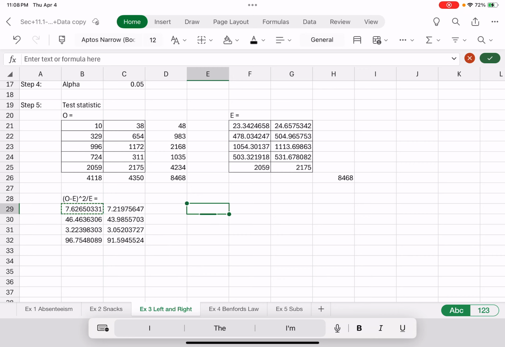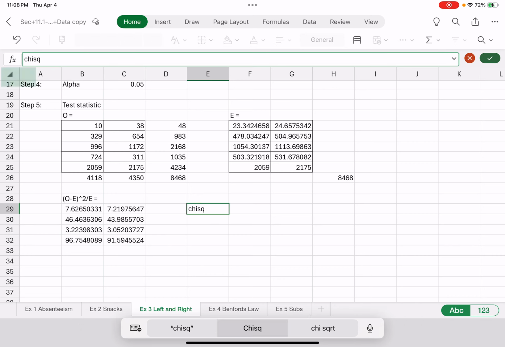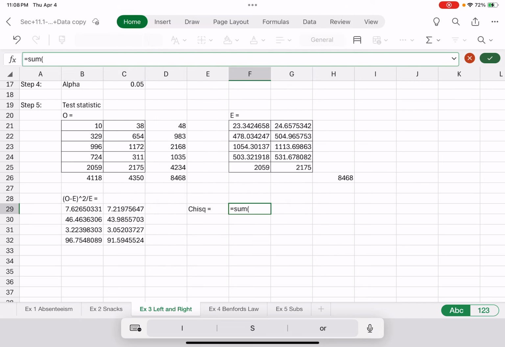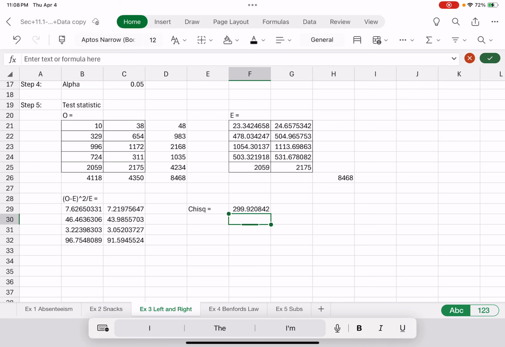And so now my test statistic is going to be chi-squared equals, oh, and it looks like it's enormous. All right, I need some better examples, ones that are maybe even closer to the same distribution. Okay, equals the sum, there it is, 299.